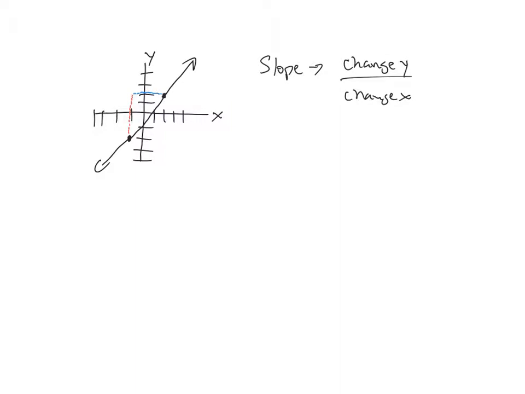How many spaces did I go up? I went up 1, 2, 3, 4 spaces, so the change in y is 4. And then I'm going to go to the right. How many spaces? 1, 2, 3 to the right. So the change in x is 3. So the slope is 4 over 3.